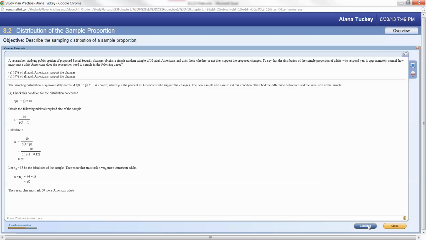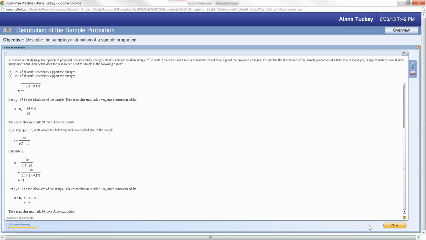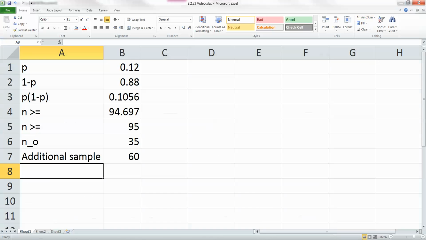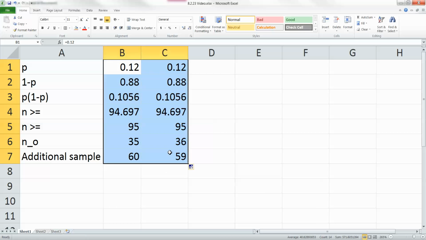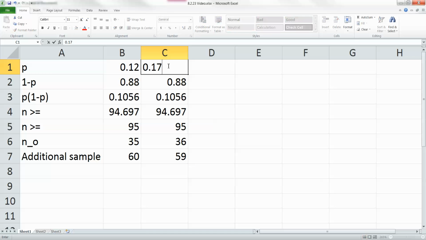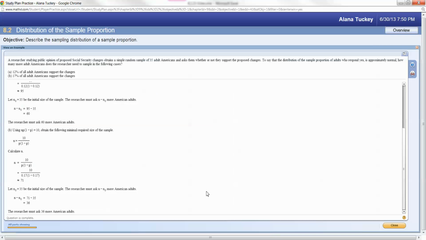So they've got to ask 60 more people, and then they have you do it over again, but with 17%. The beautiful thing is if you do it in Excel, you can just drag over and change this to 0.17, and then everything changes accordingly. Let's see if that jives with what they say. Oh, they say 36. How did that happen?